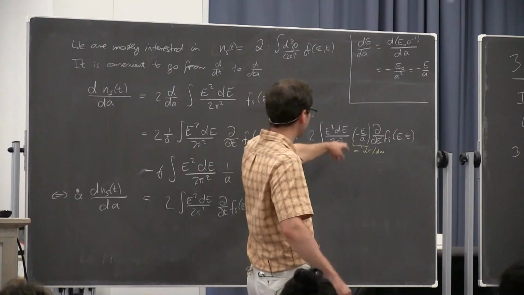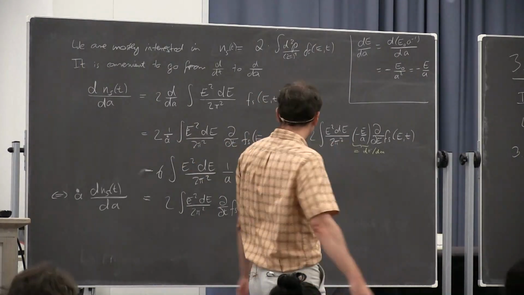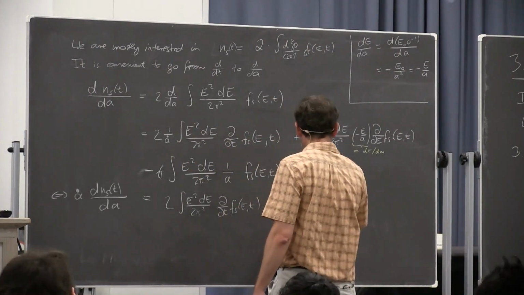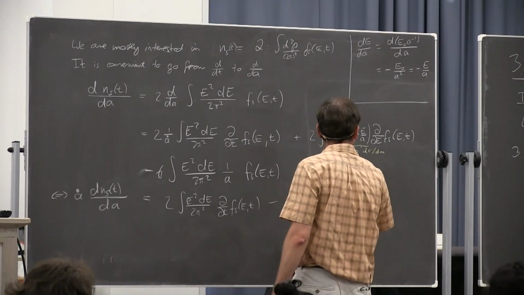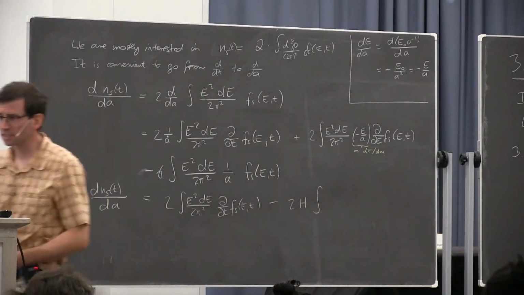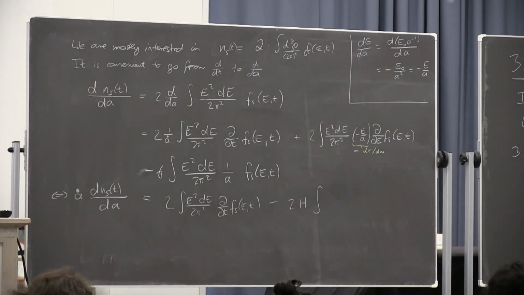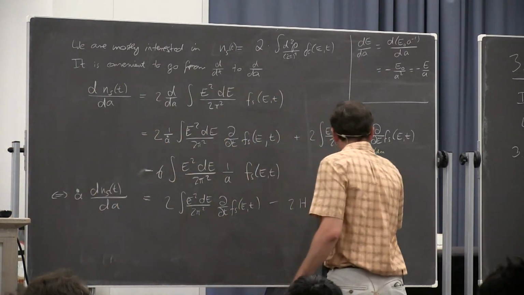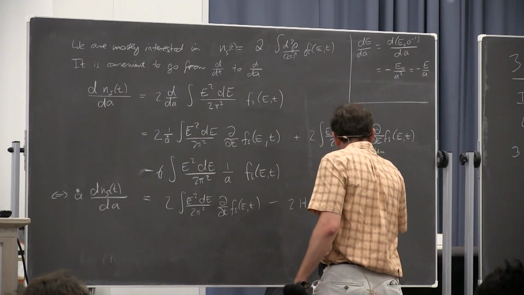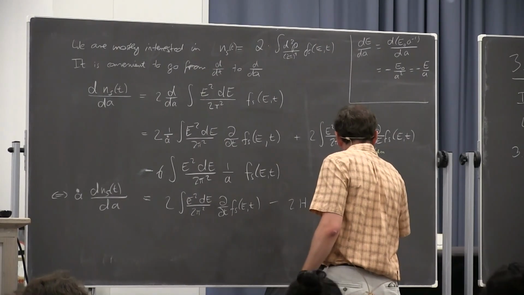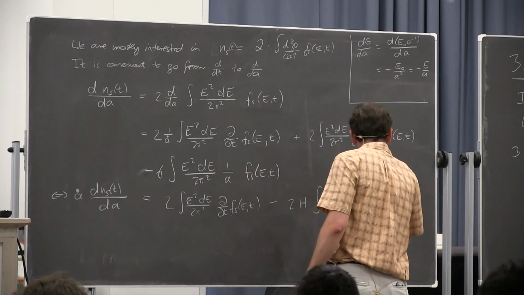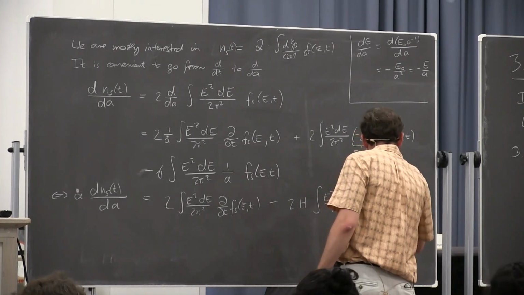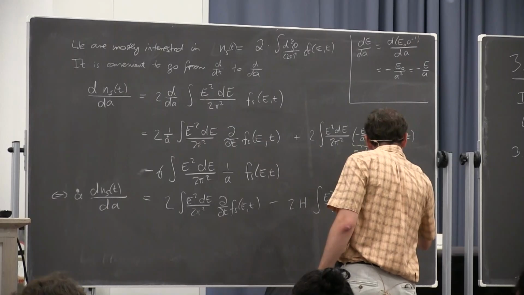In the second term here, I have an A dot over A, which is a Hubble parameter. So minus 2 times H times the integral E cube dE over 2 pi square times d over dE of Fs of E comma t.